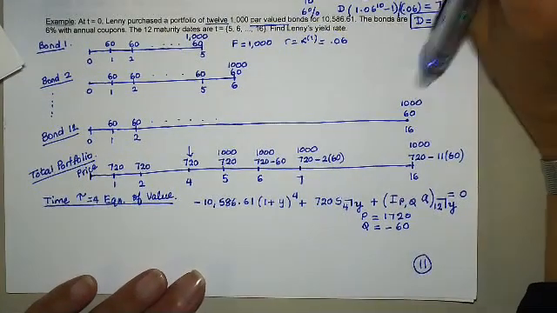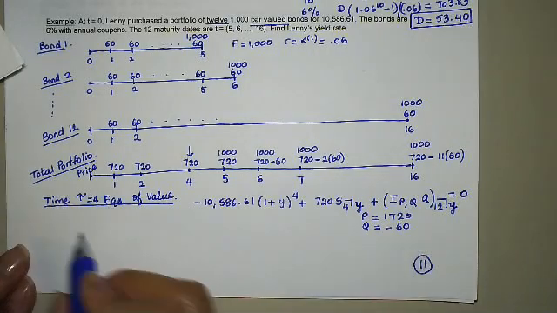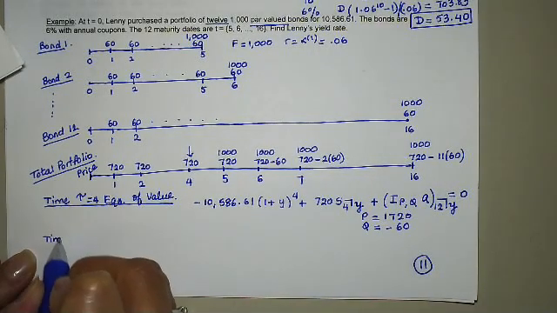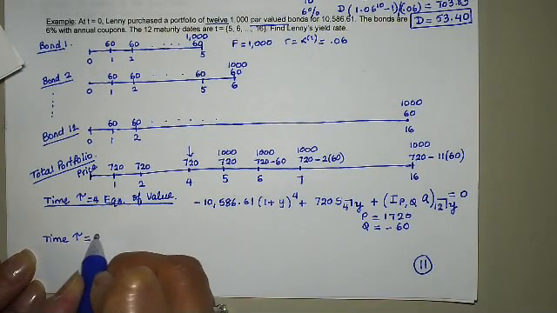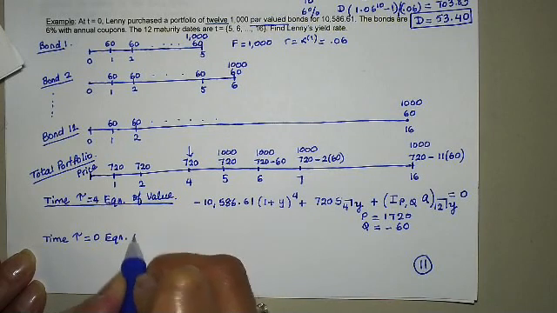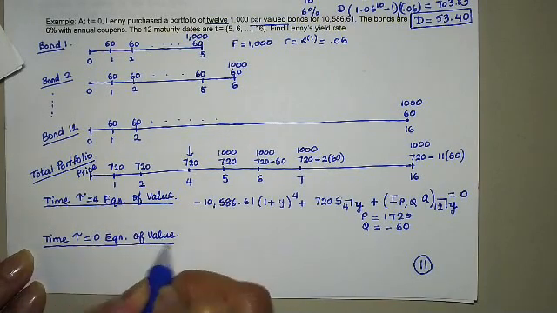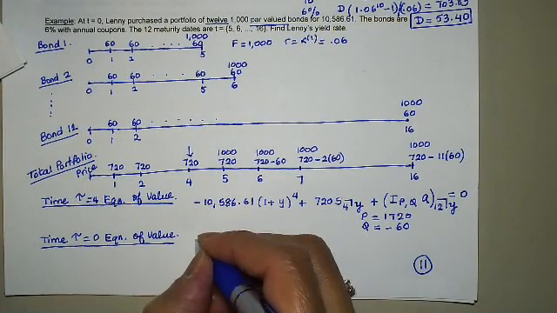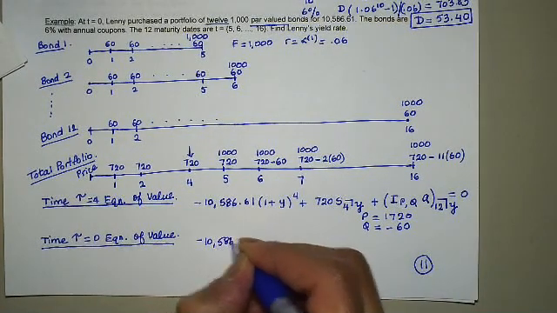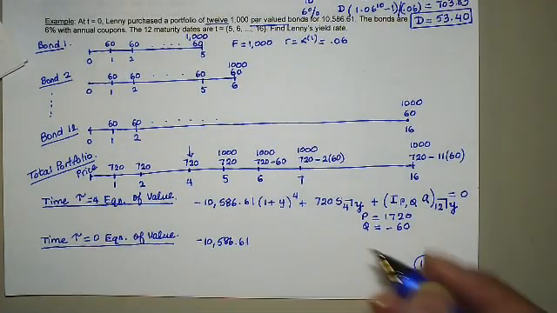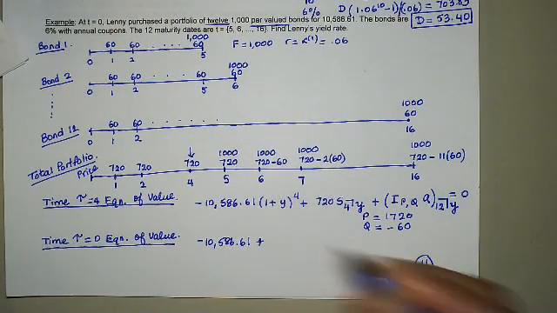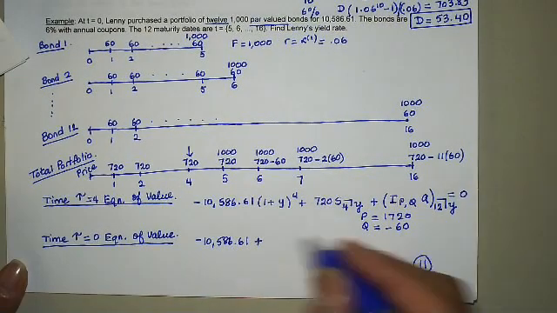What about a time 0 equation of value? Had I chosen to do that, what would it have been? Time tau equals 0, equation of value. Let's bring everything back to time 0. Minus 10,586.61. That's happening at time 0.